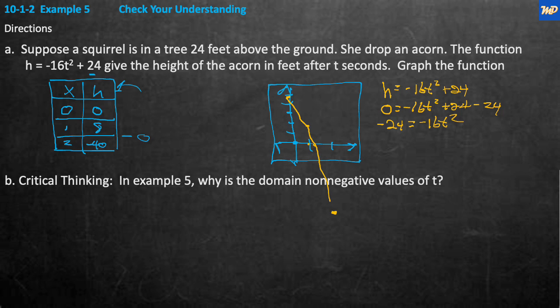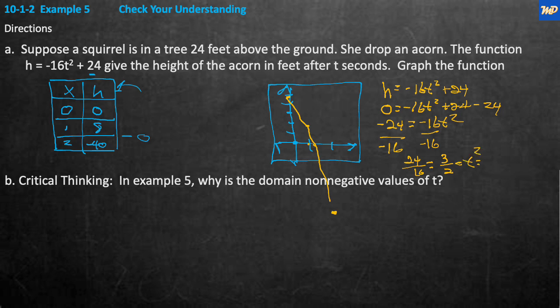Now this is 0. So now we have to get the t by itself. We have to divide by negative 16. So now if we divide both sides by negative 16, we get 24 sixteenths, or I'm going to go a little further, or 6 quarters, or 3 halves, equals t squared.